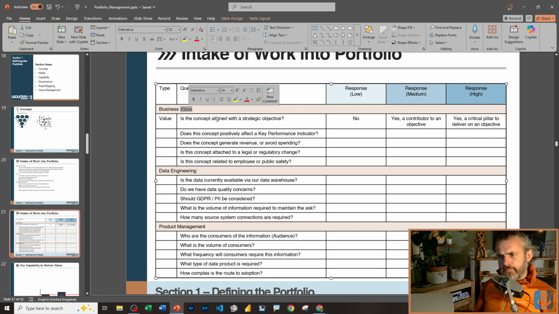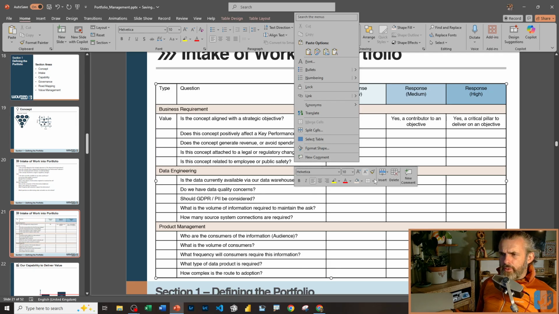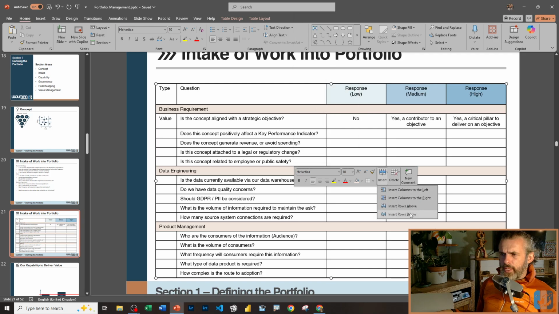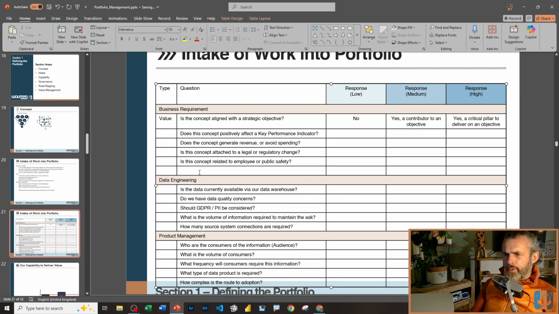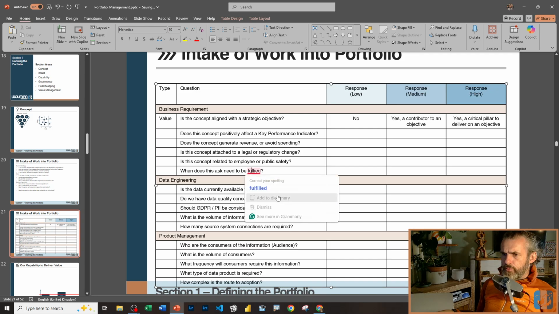I don't think business requirements is the right term, but let's roll with that for the moment. And let's put a row in there. When does this ask need to be fulfilled?